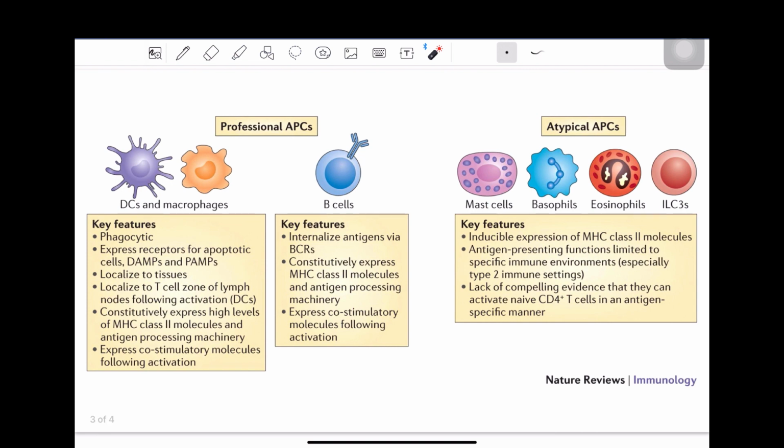Now, for processing of the foreign antigens, the cells that respond first in our body and the cells that are involved in presentation of this antigen are called the APCs, or the antigen presenting cells.